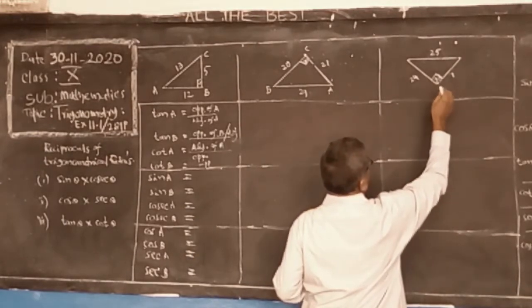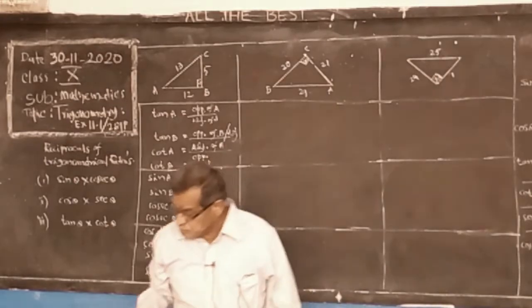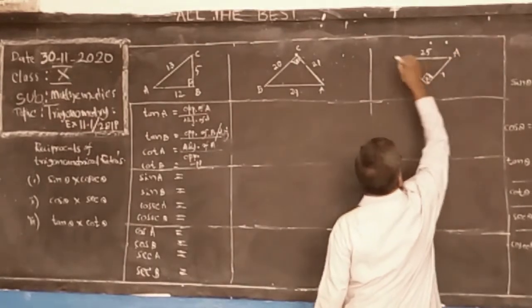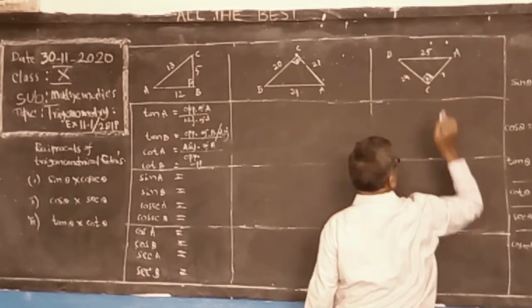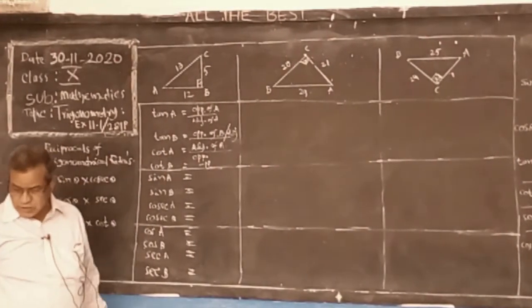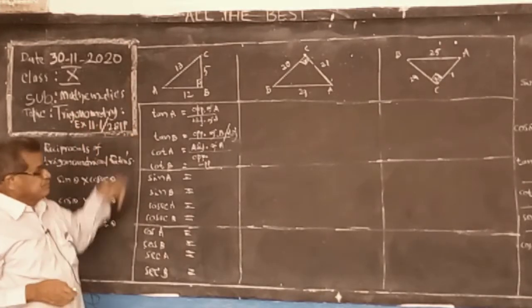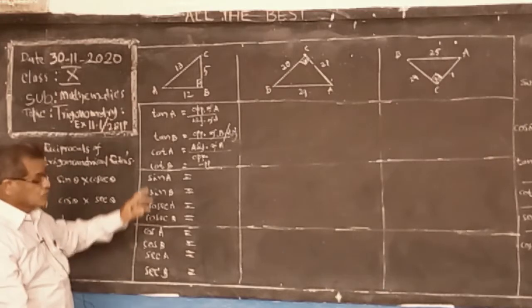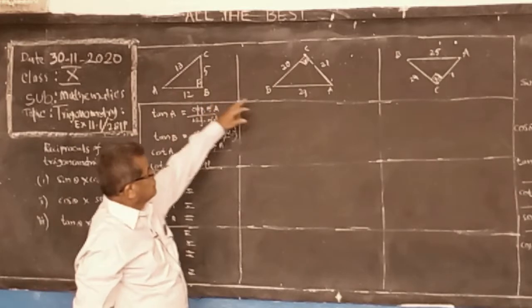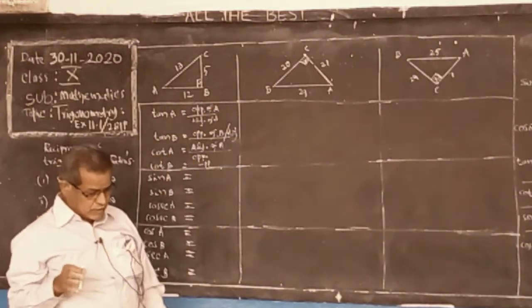Here A, B, C. Here three different right angle triangles are given. He is asking for the value of tan A from the first figure, from the second figure, from the third figure. Let us write all the values.